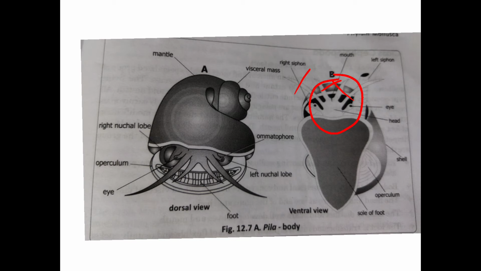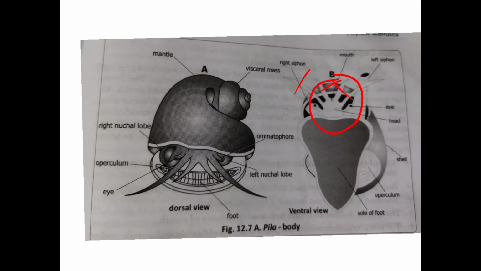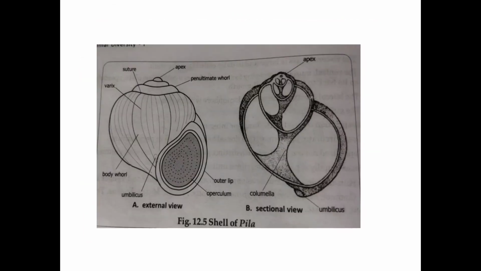It occurs during extreme environmental conditions. Inside the shell there is a central axis, and this is called the columella.